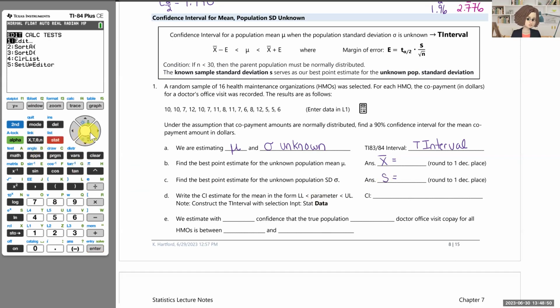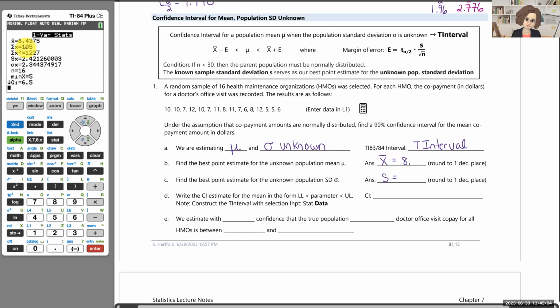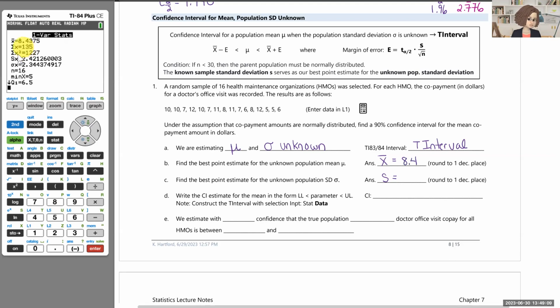So back to the calculator, stat, calculate, one var stats. And then just to write these down, I'm going to round to one decimal place. So the sample mean is 8.4. That would be $8.4 as a copay. And then s, the sample standard deviation, rounded to one decimal place is 2.4.